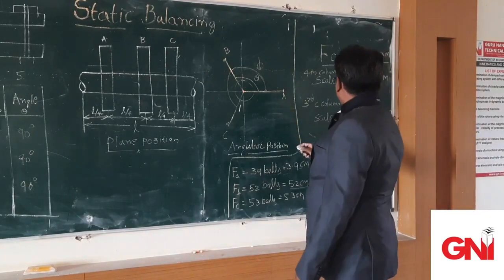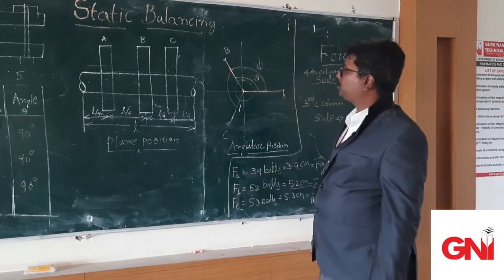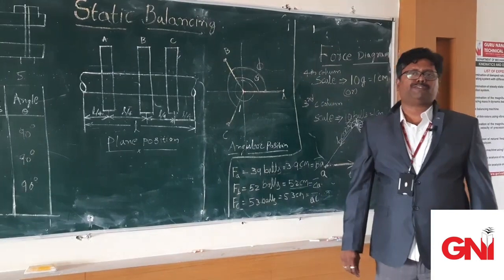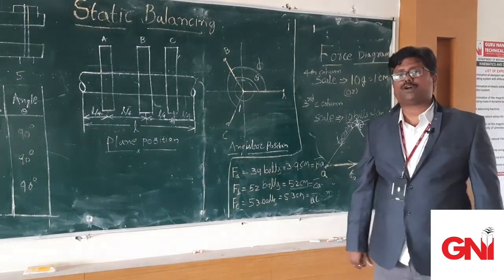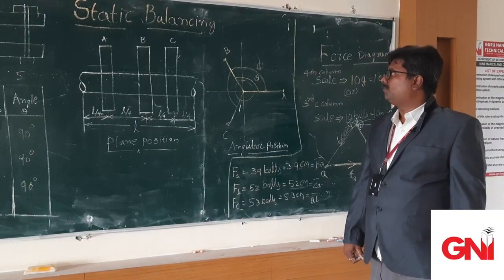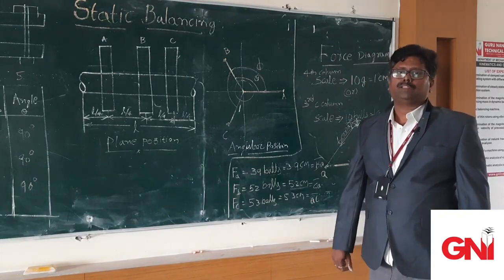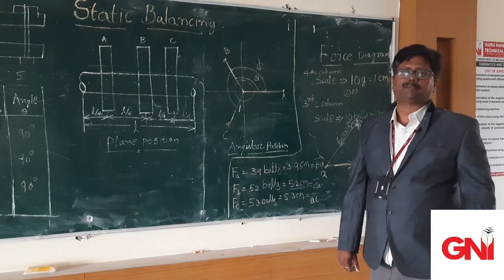So with an angle of phi, I am going to construct the C vector. This is the angular position of the given masses without knowing the magnitude of the masses. This is the static balancing procedure to find the angular position and linear positions of the three unknown masses using this experiment.